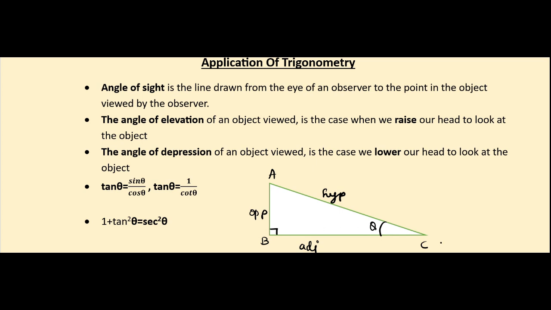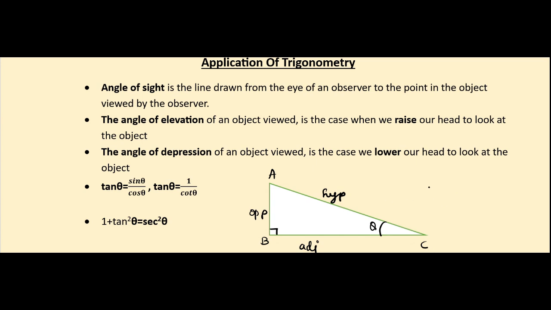Here in this application of trigonometry, we are talking about the right angle triangle. If this is a right angle triangle ABC with right angle at B, then for angle theta, the opposite side is AB, the adjacent side is BC, and the hypotenuse is AC.